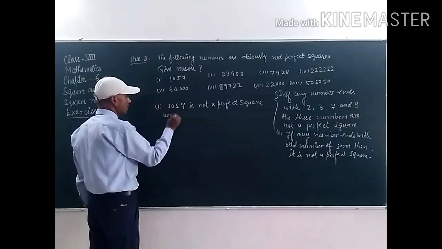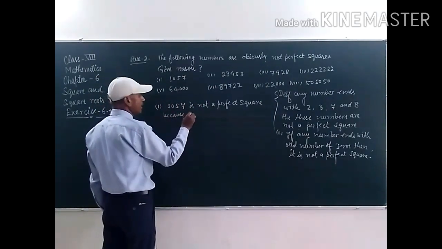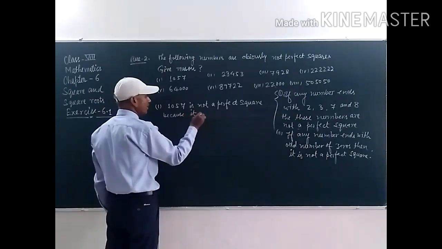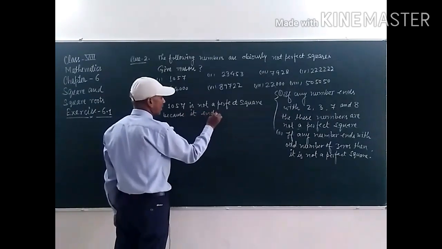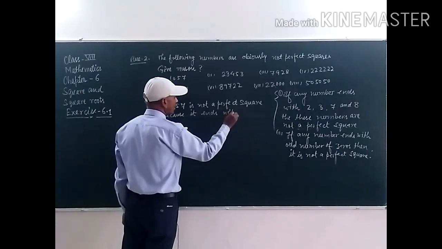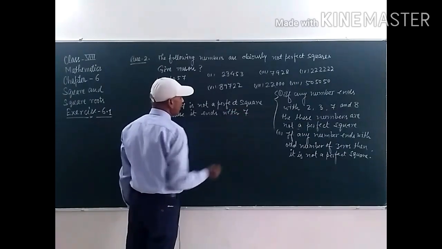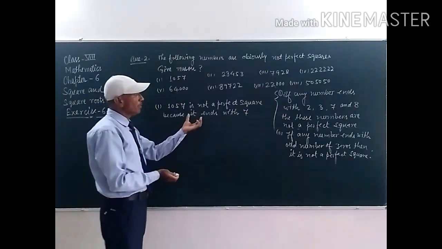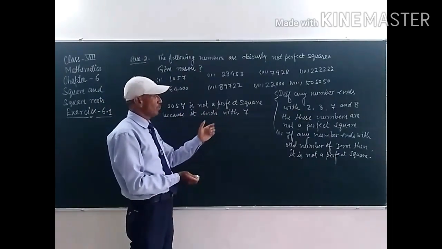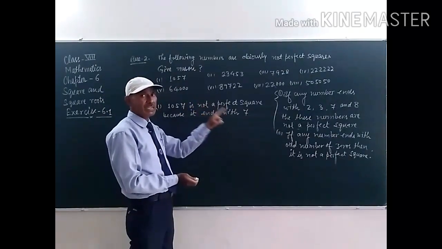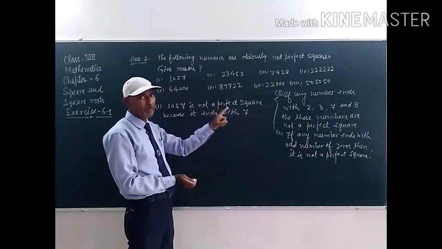Ends with 7 means unit digit of the number is 7, student. So if unit digit is 7, then this number will not be a perfect square.